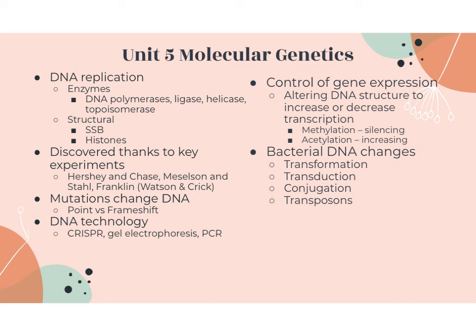DNA technology is also an important part of the unit that we talked about. We talked about a lot of the current and upcoming DNA technology, including CRISPR, gel electrophoresis, and polymerase chain reaction. We talked about how gene expression is controlled, so ways that we can change the DNA structure in order to either increase or decrease transcription depending on the protein that we need.